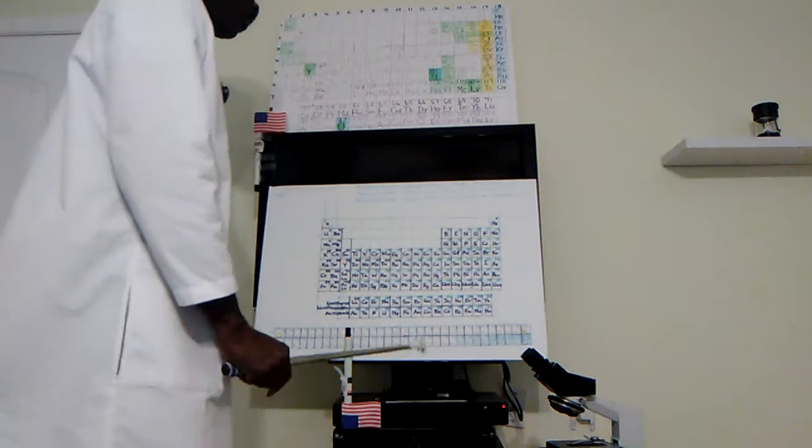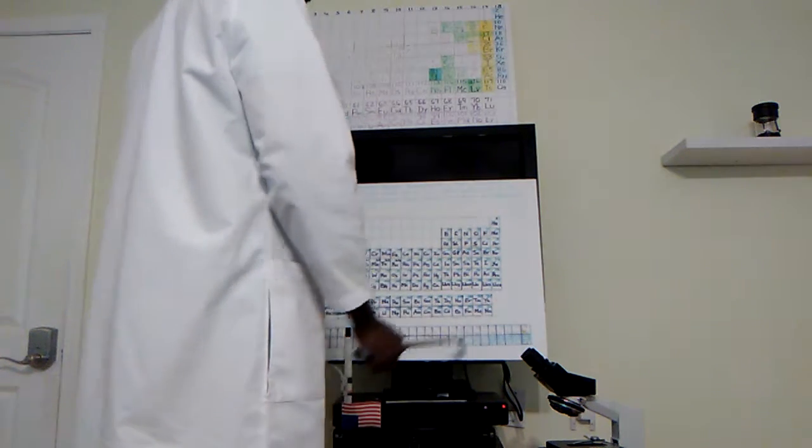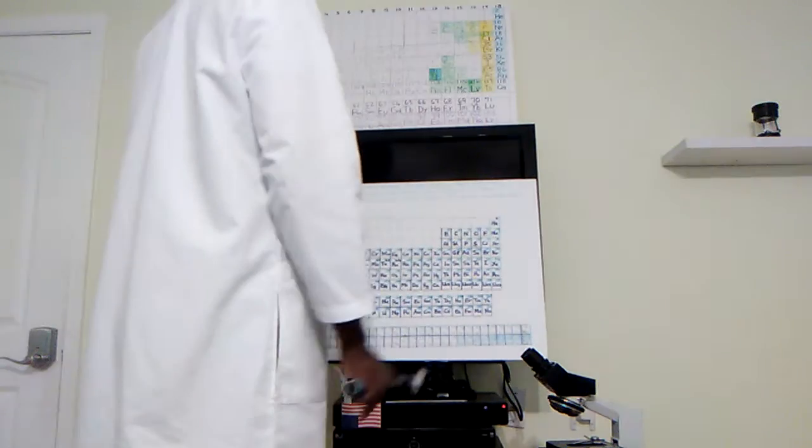So those are the synthetic elements that were discovered in the laboratory and given names, some of them after the scientists that discovered them. So that's shedding a little more light on the periodic table.